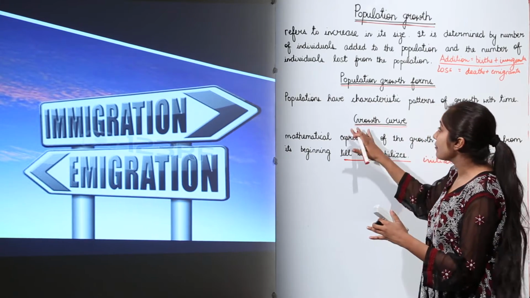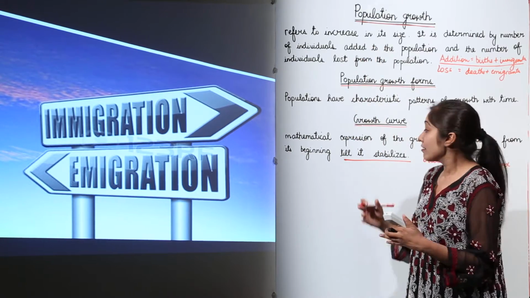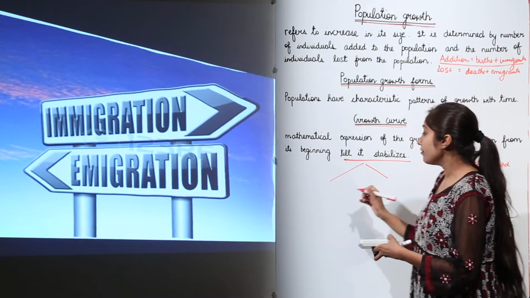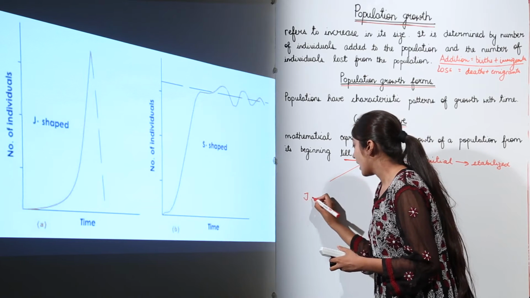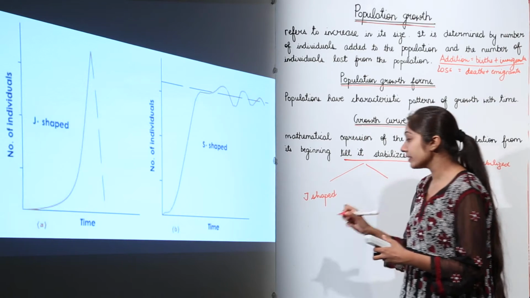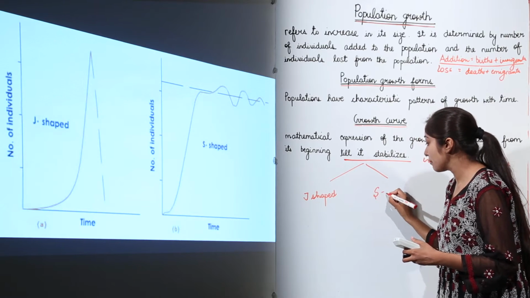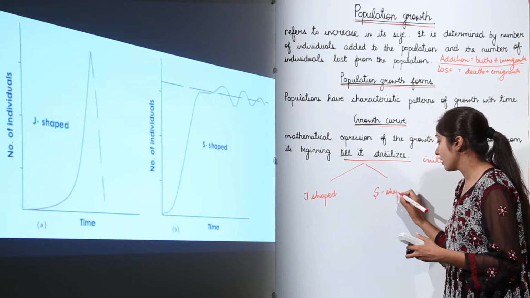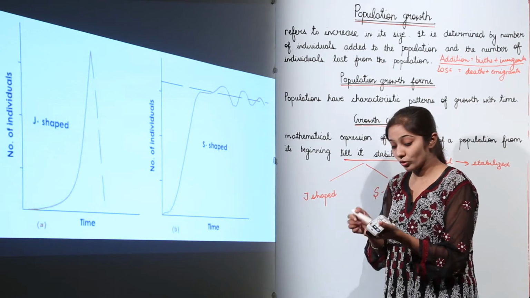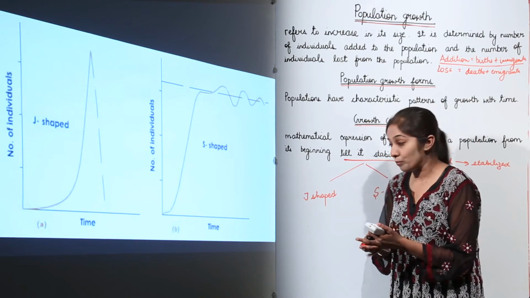With reference to population growth, we will study two types of growth curves: the J-shaped growth curve and the S-shaped growth curve. These have other names too.